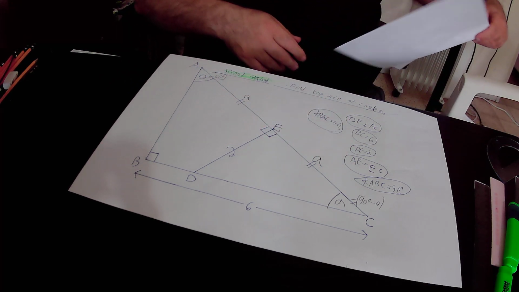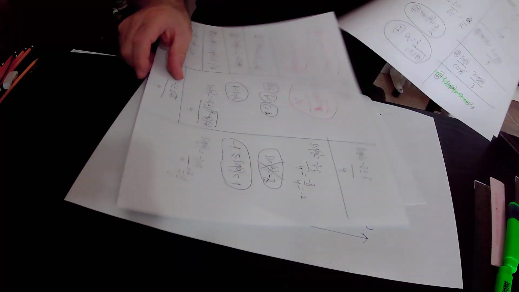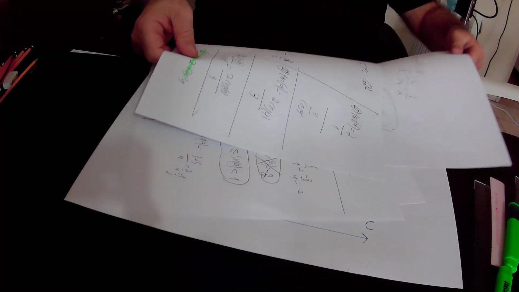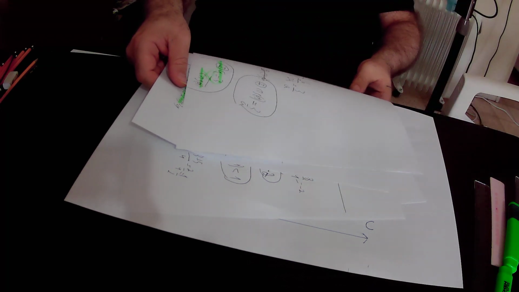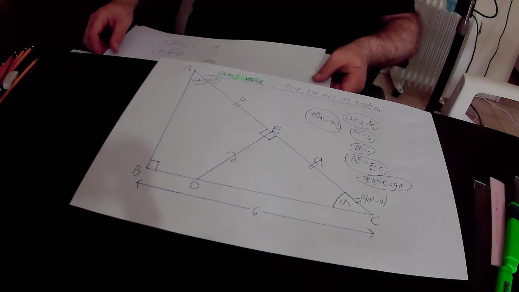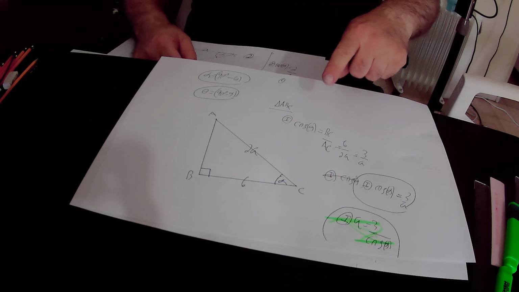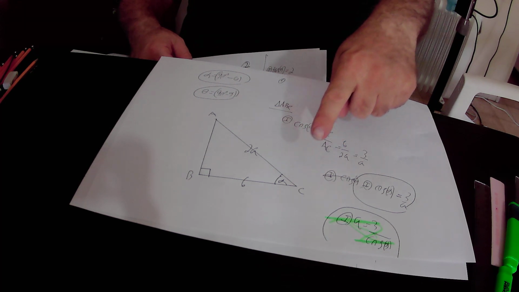So here we focus on the right triangle ABC. In the right triangle ABC, this angle equals alpha.